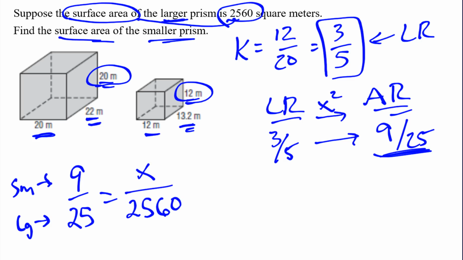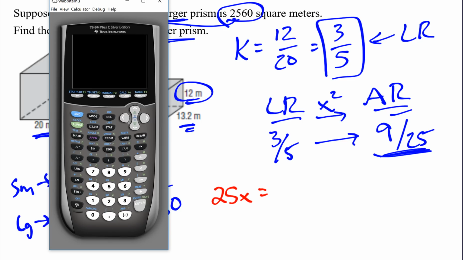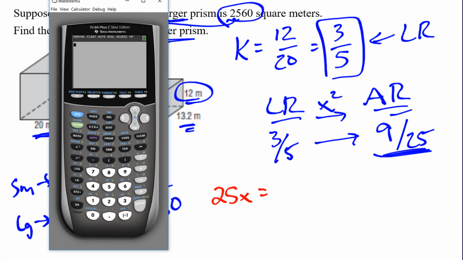And I'm putting X up on the top. So if I do my cross multiplying now, 25 times X is 25X. 9 times 2,560 puts us at 23,040.